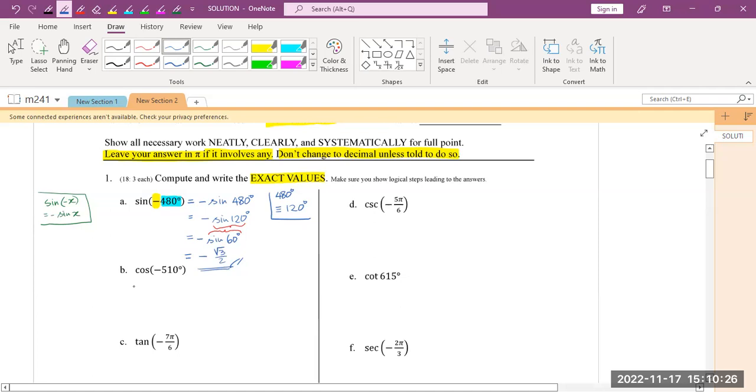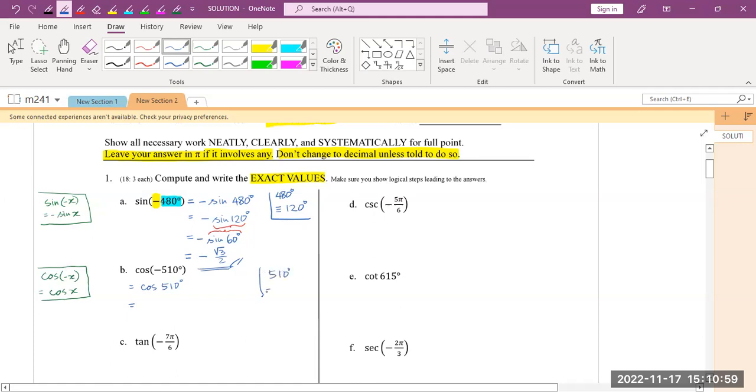Part B, how about cosine of negative 510 degrees? Now we remember that cosine is an even function. Cosine of negative x equals cosine x. Cosine negative equals cosine positive. Therefore, we can write this as simply cosine 510 degrees. Because 510 degrees is more than 360 degrees, we look for the coterminal angle.